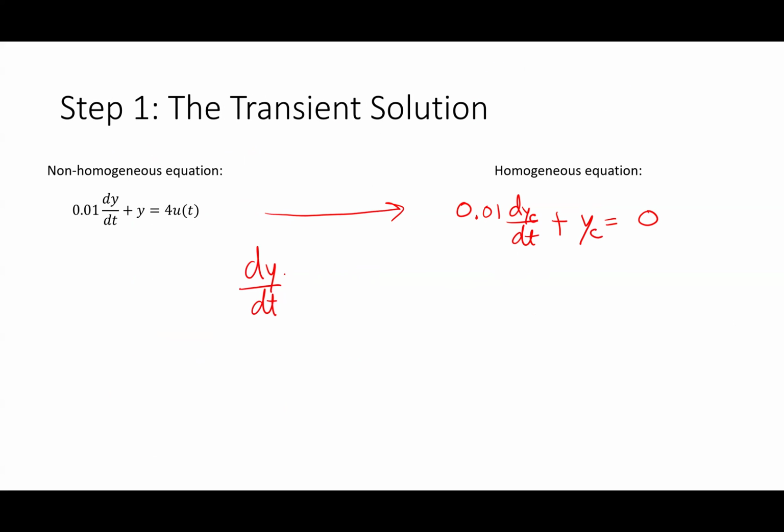Let's say in general that it looked like this, where S is some constant. I guess the solution to this guy as well. What guess do I make for this? What guess should I make?